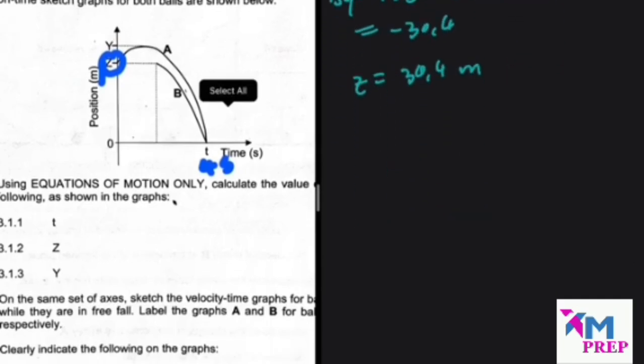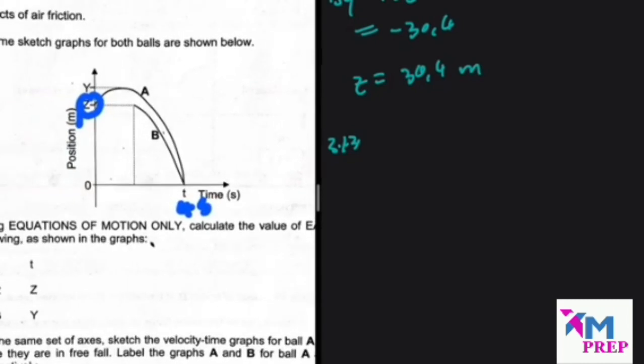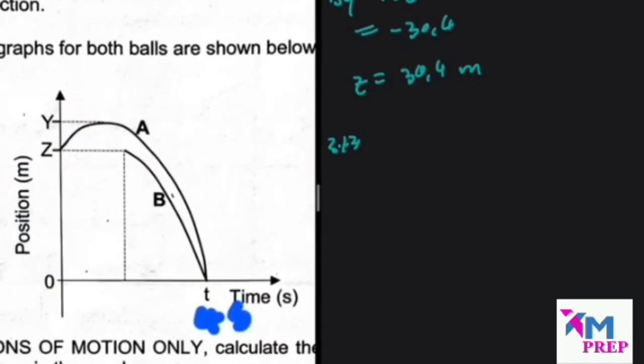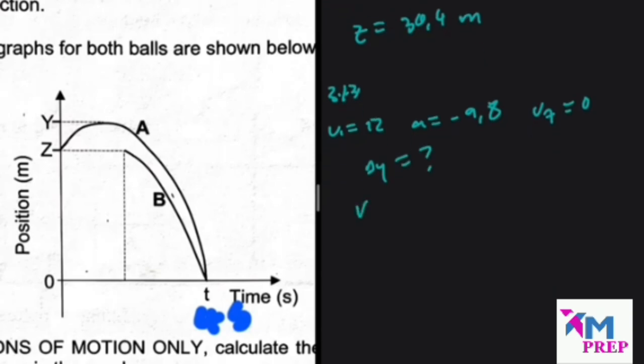Okay, what about 3.1.3? We are looking for the value of y. So y is the maximum height reached by A. If I still remember, for A the initial velocity is 12 and the acceleration is minus 9.8. At maximum height, we know that vf is equal to 0, and we are looking for delta y. So vf squared is equal to vi squared plus 2a delta y.